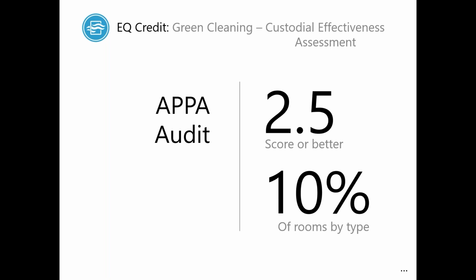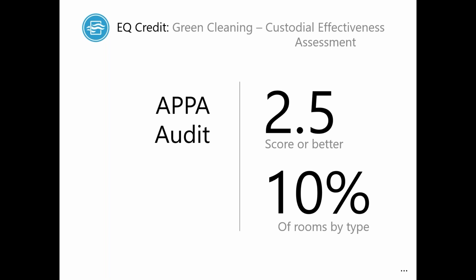And so we score those different space types within a number of features. So we're looking at the cleanliness of the flooring, cleanliness of the walls, lighting fixtures. Is there any dust on the lighting fixtures? Are there any smudges on the walls? We look at restrooms. Is there trash on the floor in the restrooms? And those kind of things.